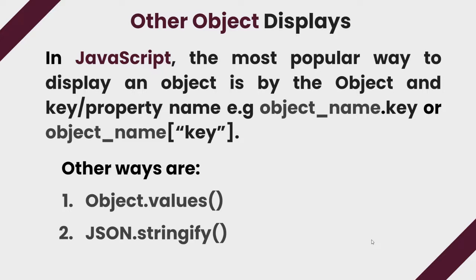And for the next method, we have the JSON.stringify. What this particular one does is that it converts the object into a string, but it displays the string in JSON format. So we'll also see how all this actually works on VS Code.